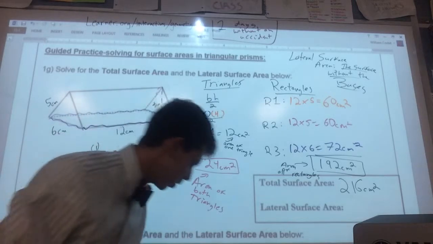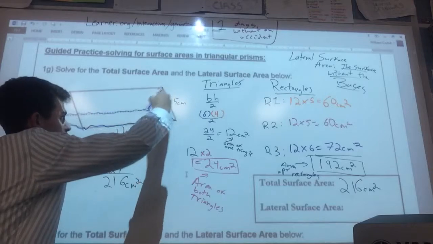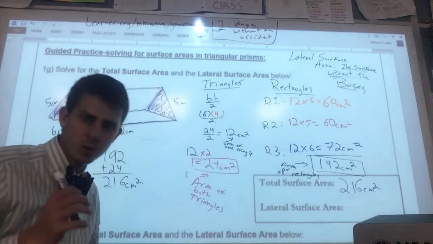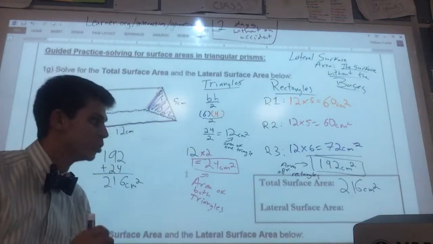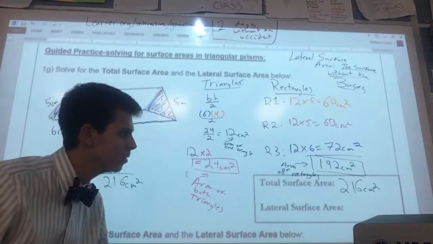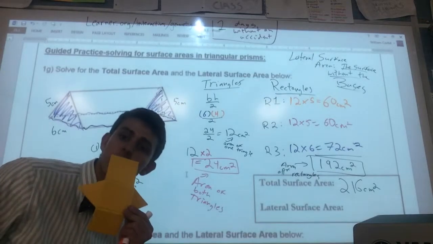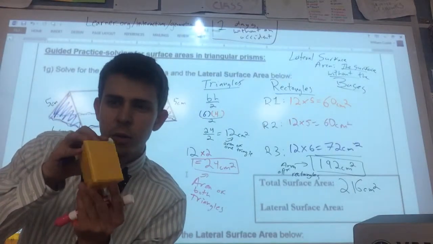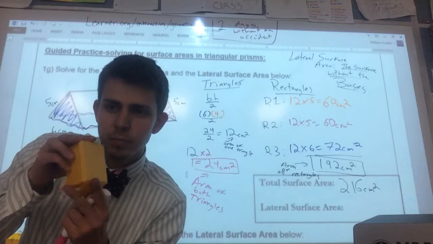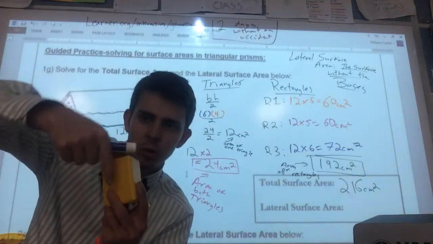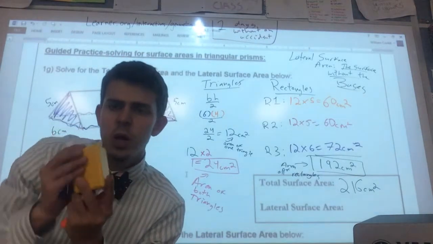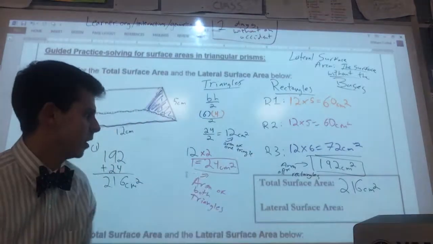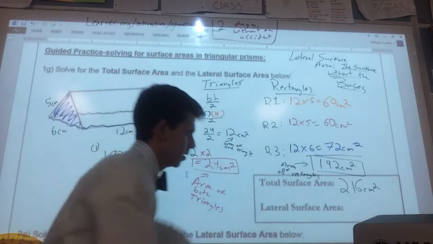So it's these 2 triangles. This is one base right here, and this is the second base right here. Lateral surface area, we are not going to include that. So we're just going to include what's in the middle. What's on the side. What's in between the 2 bases. This is what's lateral, the rectangles in a prism. So you only need to solve for the rectangles. And we've already done that, which is 192 centimeters squared.